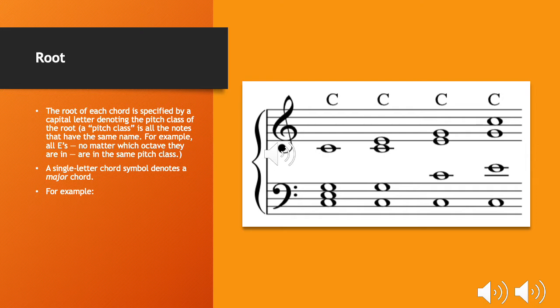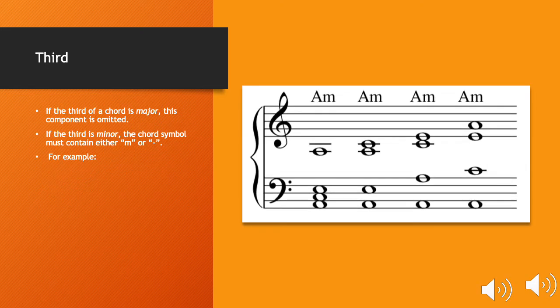The standard system for the notation of chords. Third. If the third of a chord is major, this component is omitted, as we saw with the C major examples in the previous slide. If the third is minor, the chord symbol must contain either a lowercase m or a minus sign.